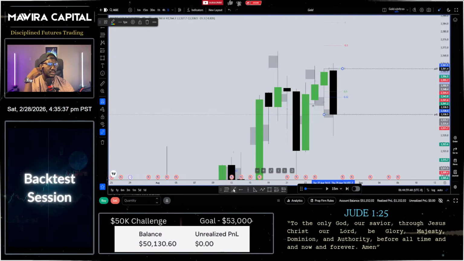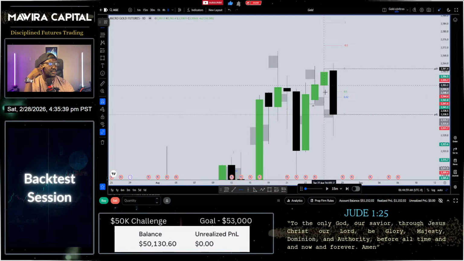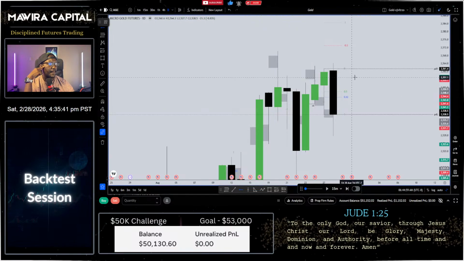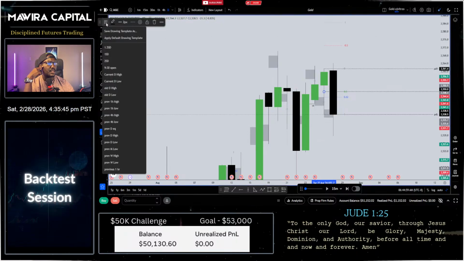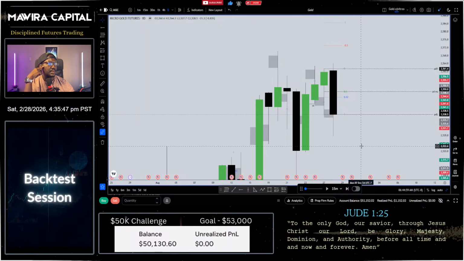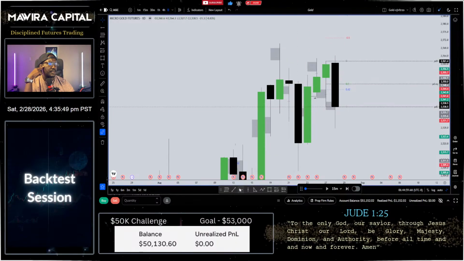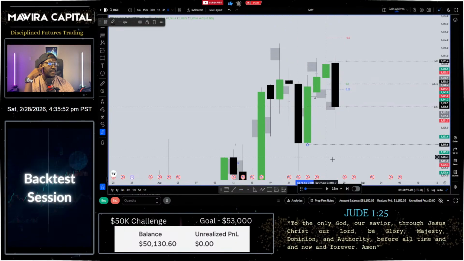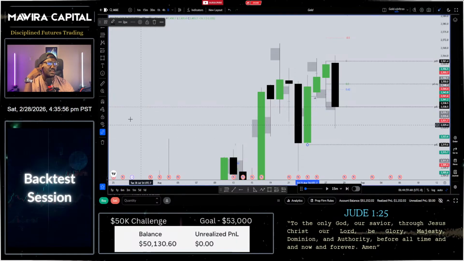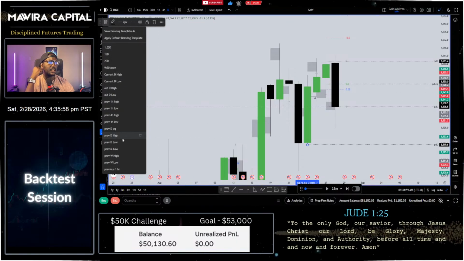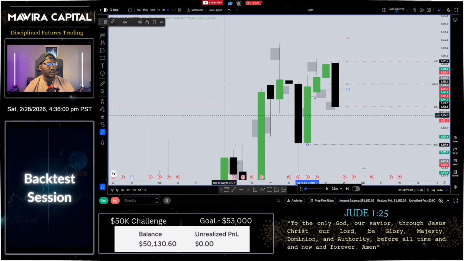Pretty much the previous day EQ. I'm curious if we are to keep coming down, if we are gonna get down there. So that's a previous day. No. That's an old daily low right there.